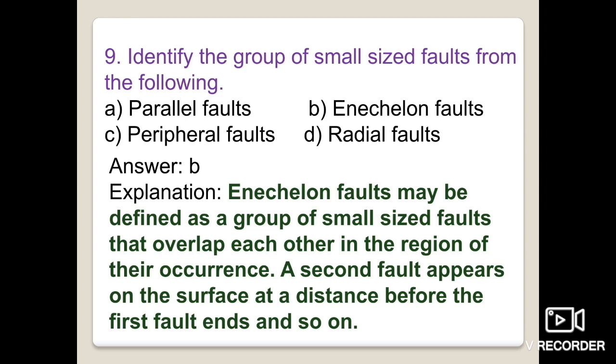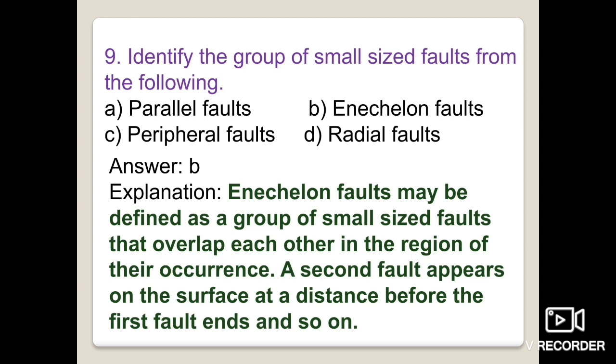They may be defined as a group of small sized faults that occur near each other in the region of their occurrence. A second fault appears on the surface at a distance from the first fault's end, and so on. Meaning the first faulting takes place and subsequently the second, third, fourth faulting takes place.